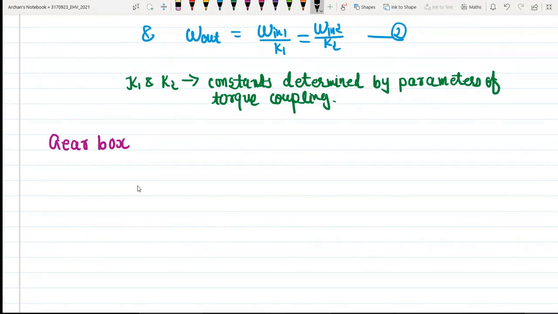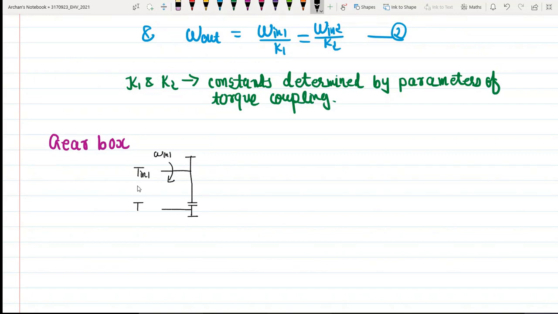So now I have gearbox and it is connected in this particular fashion. Okay, this is my second source. This indicates the first input torque T in 1, let us say, and it will cause the speed omega in 1.